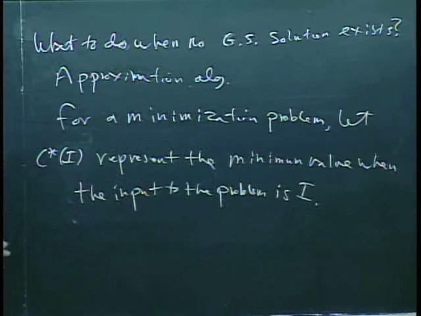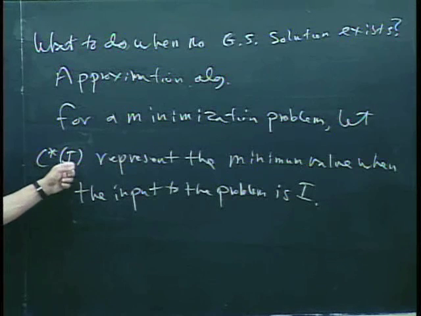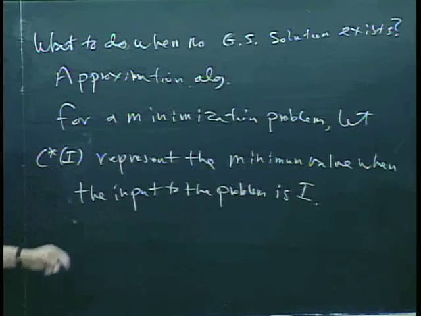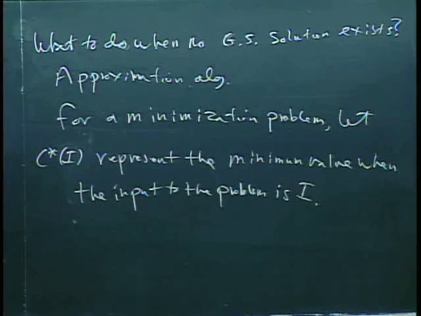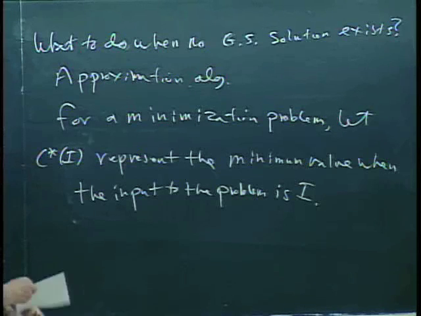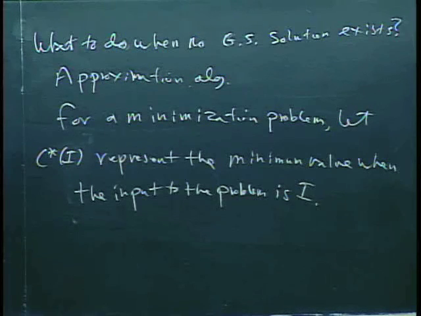We have some problem, I haven't told you what it is, but we're trying to minimize something with respect to that problem. If the problem instance is represented by I, C star of I is the value of the minimum, the optimal solution, when the input is I.